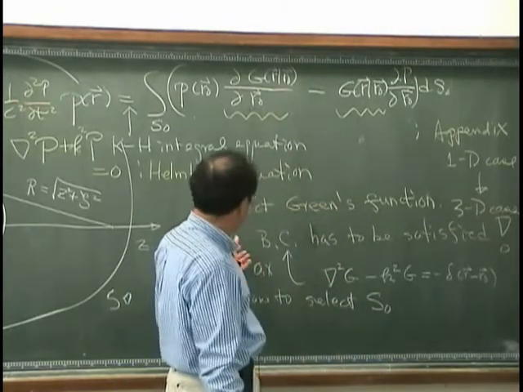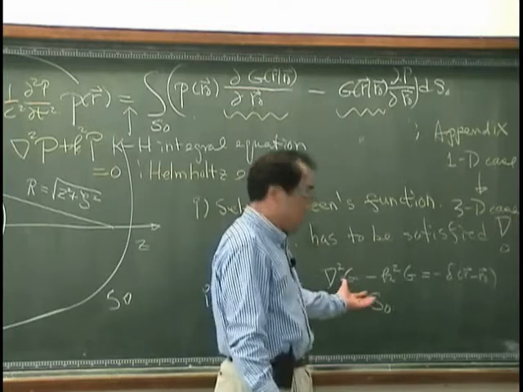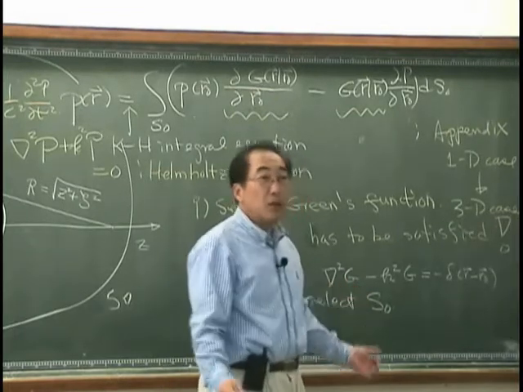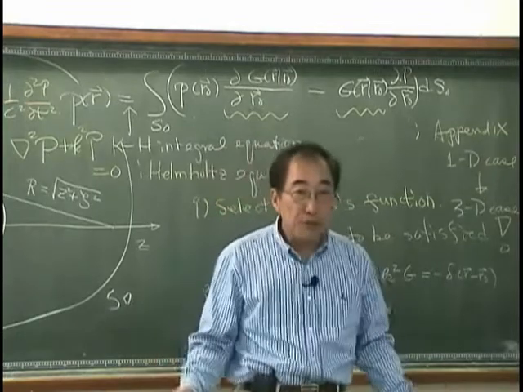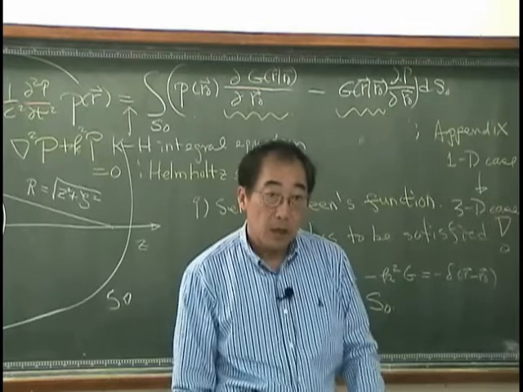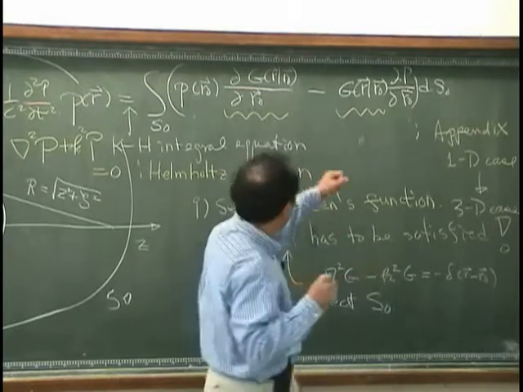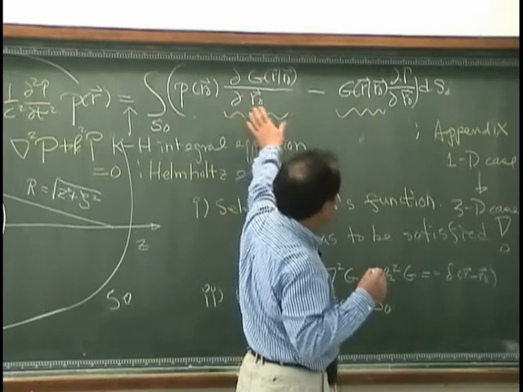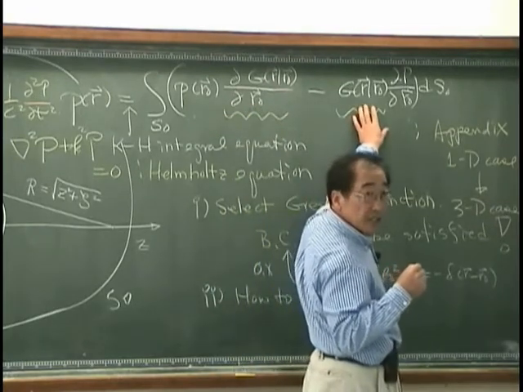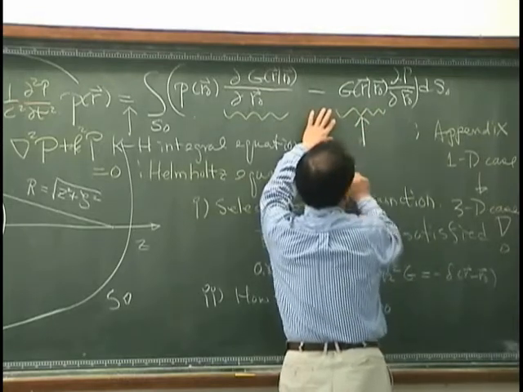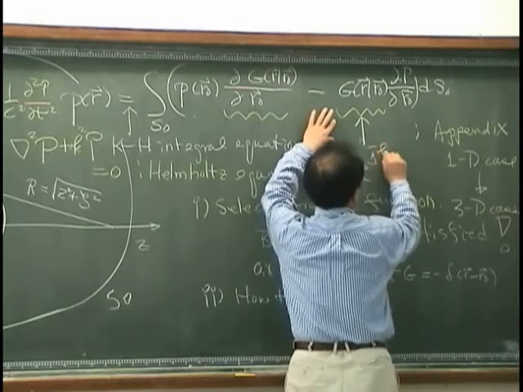If Green's function only requires to satisfy this inhomogeneous equation in addition, then we have such a good freedom to select Green's function. Say I select the Green's function that satisfies this. Then I only have this. And I select the Green's function already, that is 1 over r e to the jkr in this case.